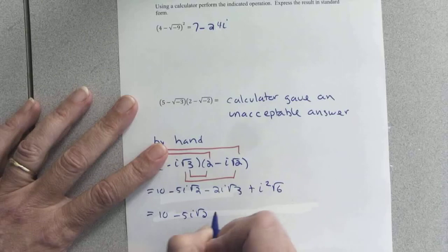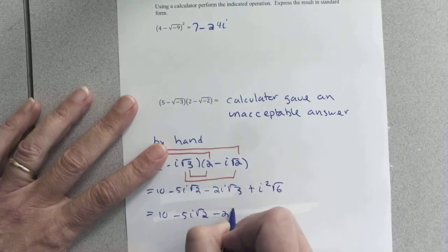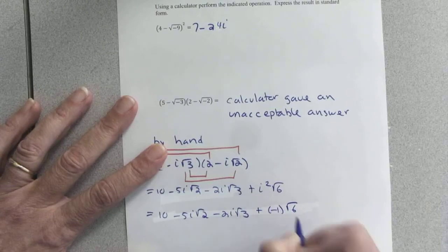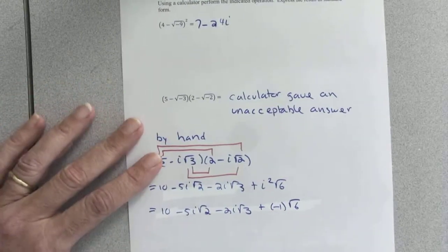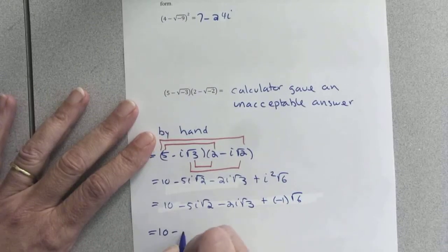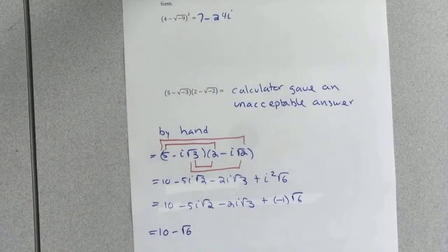And so I've got 10 minus 5I square root of 2 minus 2I square root of 3 plus negative 1 times square root of 6. And so trying to get the answer that will make the computer happy. And now I would not do something like this to you on a test or quiz, or we're not probably going to have quizzes, but maybe some other year we'll have quizzes.